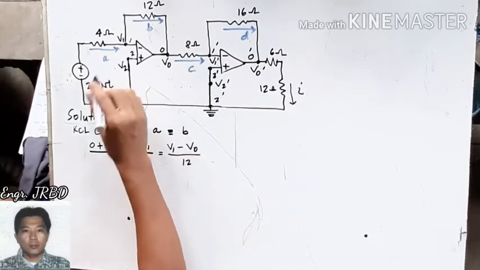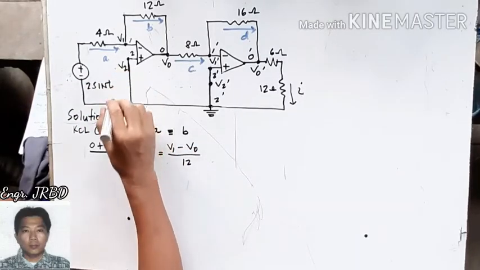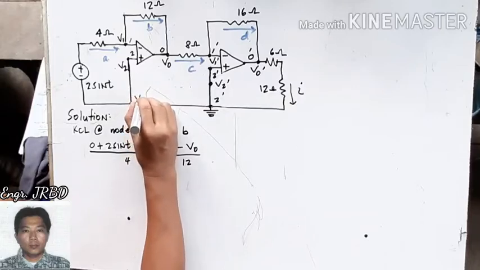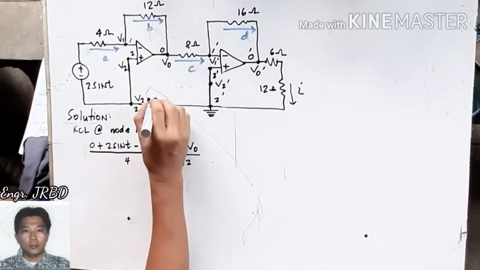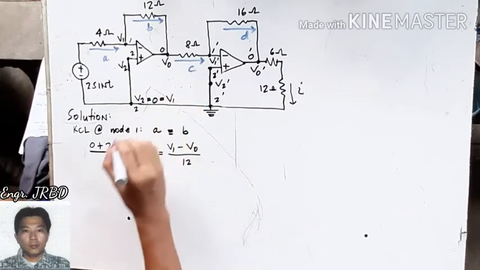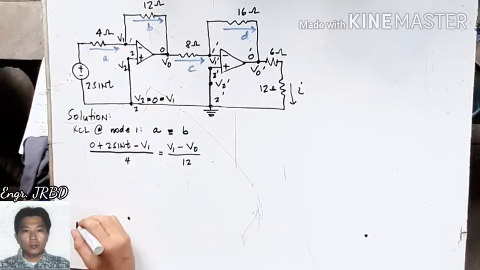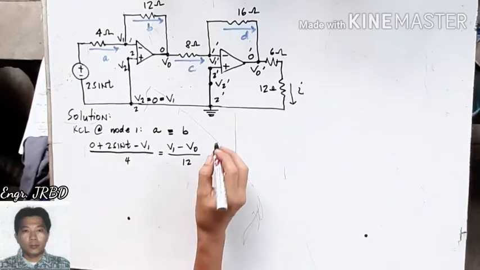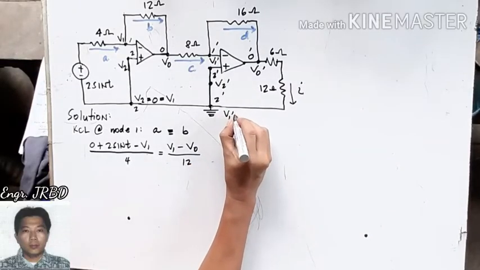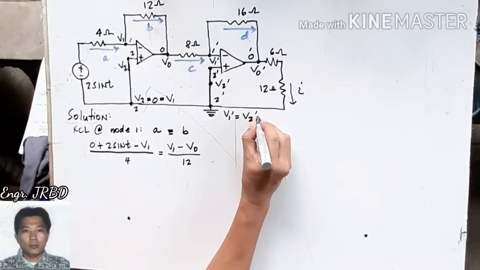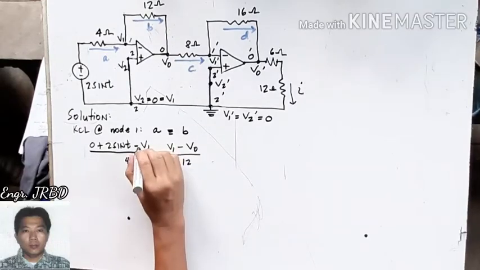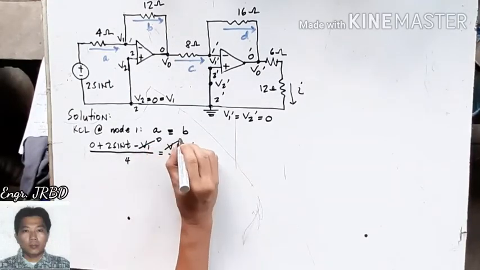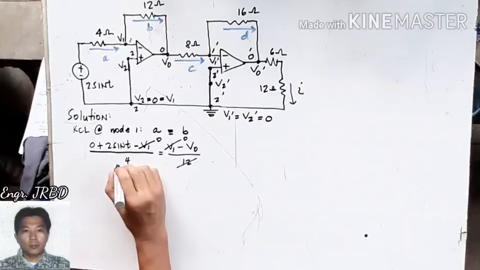Since terminal 2 is grounded, that will make V sub 2 equivalent to 0, and this is also equal to V sub 1. The same is true with the other op-amp: V sub 1 prime is the same as V sub 2 prime, and that is 0. So this is 0, and this will cancel with that.